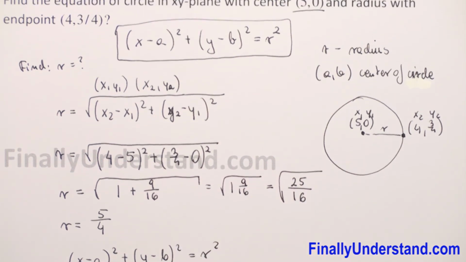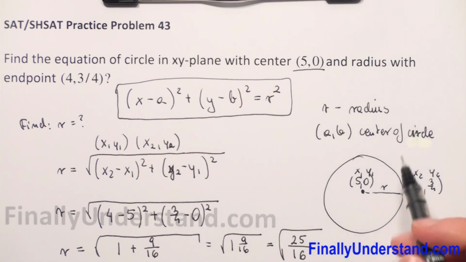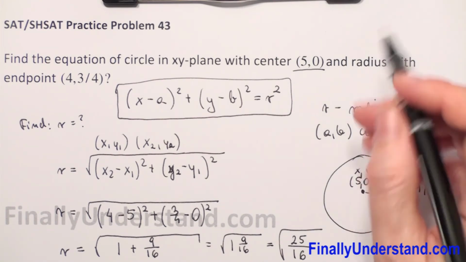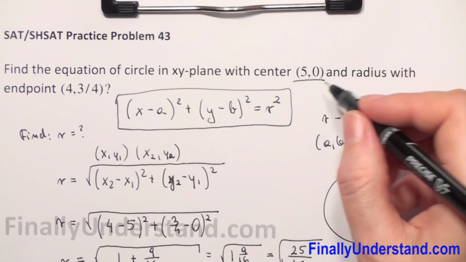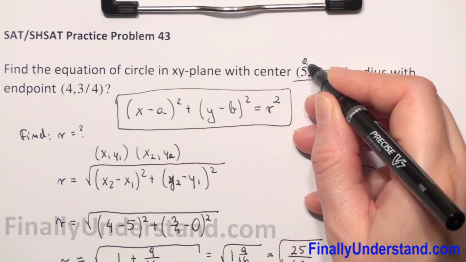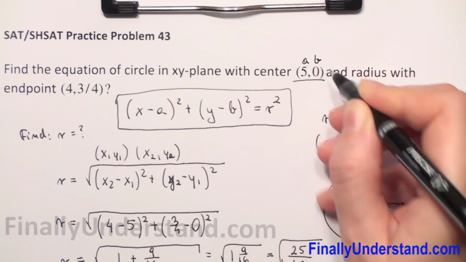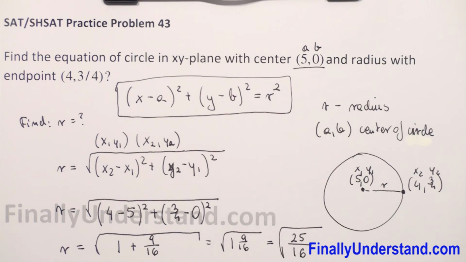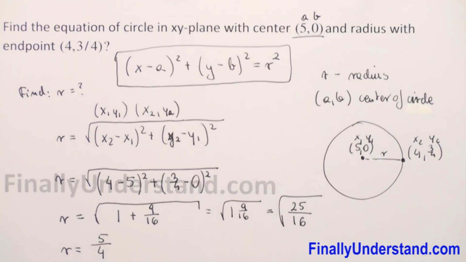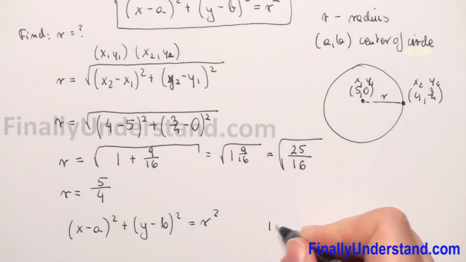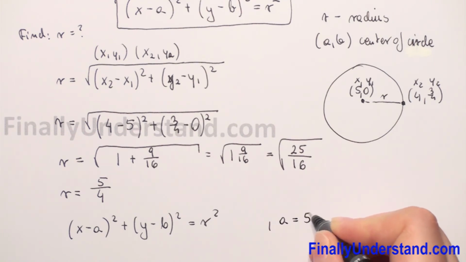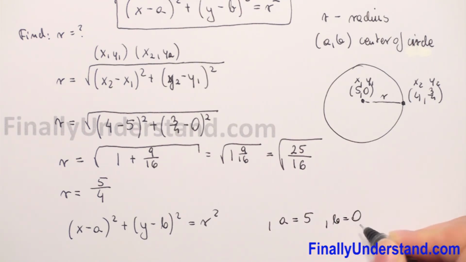Like I said, (a, b) is the center of the circle, and we are given that this is 5, the first coordinate, and the second is 0. So a is 5, b is 0. Let me write the coordinates of the center of our circle, and r, we calculated, is 5/4.